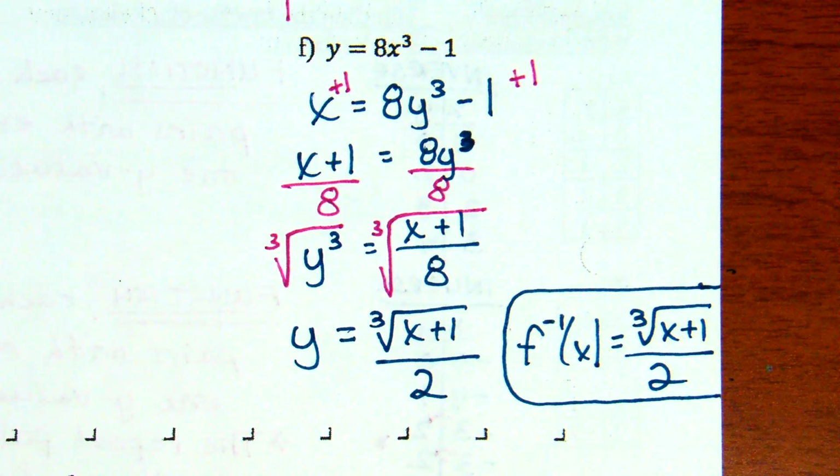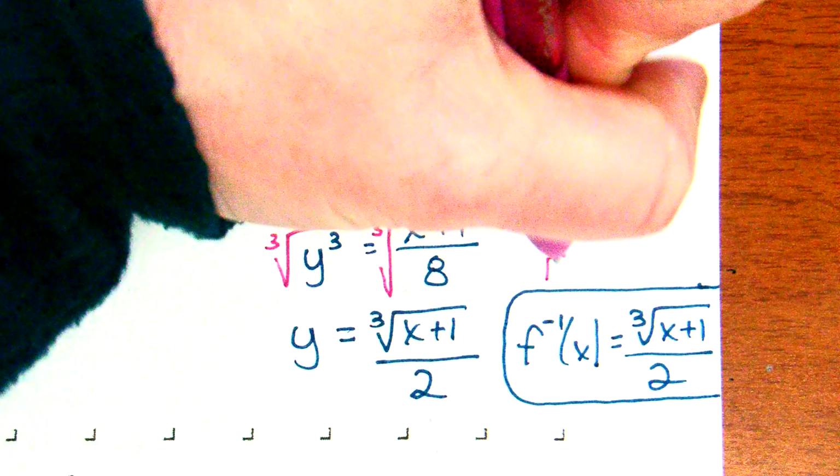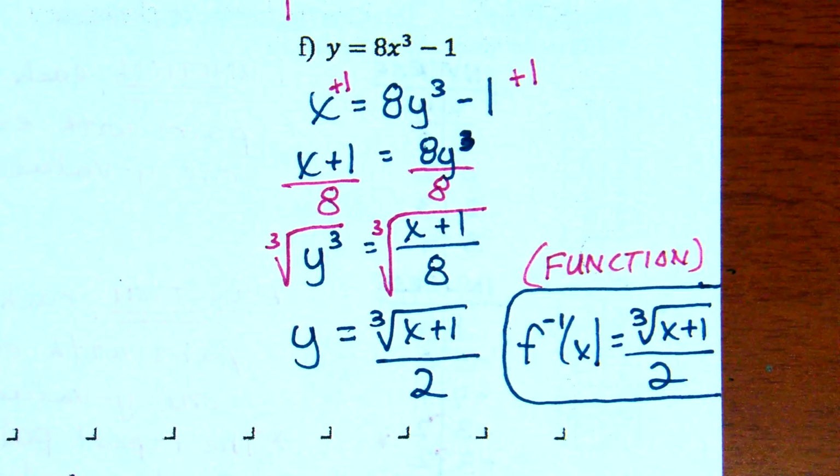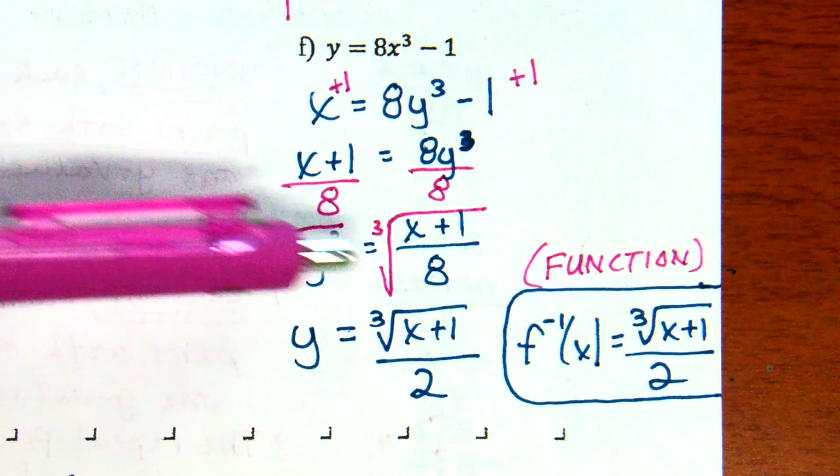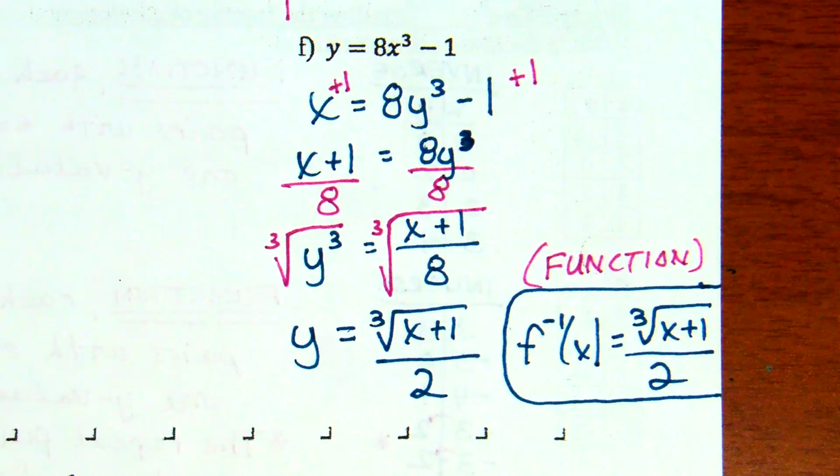Because it was a cube root, we didn't put a plus or minus, yes? Anytime it's an odd root, you don't need the plus or minus. Why did we put a plus or minus back on example A yesterday? It was a square root, an even root. And because of that plus or minus, if you glance back there, notice that plus or minus made it not a function because we would get 3, 2, and 3, negative 2.